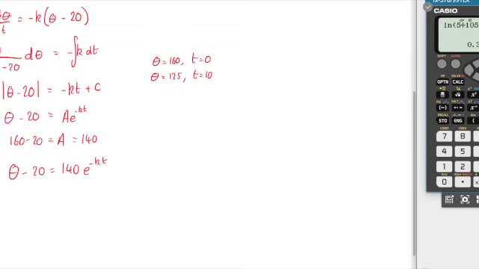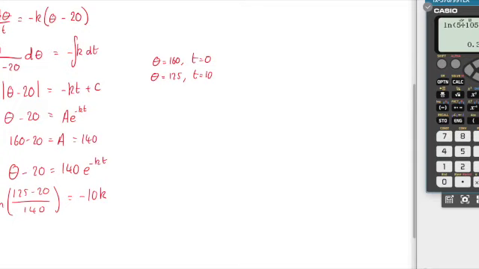We've got the value of 125, so I'm going to do 125 minus 20 over 140, and I'm going to ln that, which is equal to minus 10k.